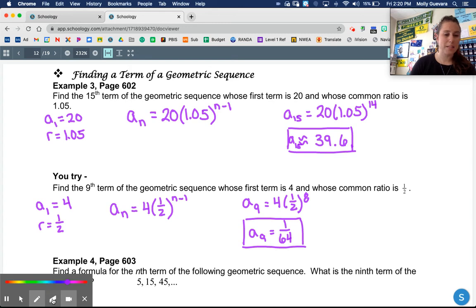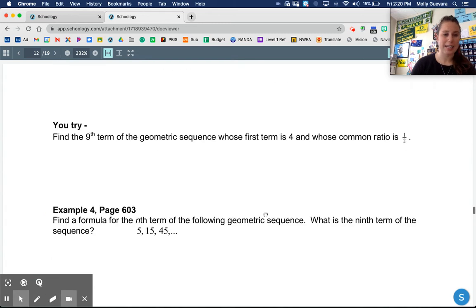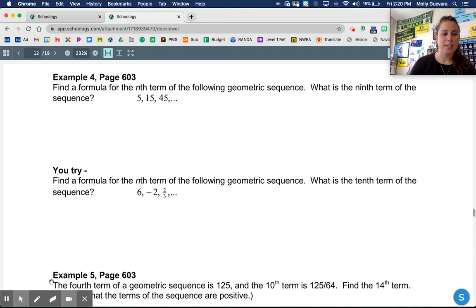Example 4 is adding on one tiny little step from that. It says find a formula for the nth term of the following geometric sequence. Well, in order to know the formula for the nth term, I need to know my first term, which I can look at and see it's 5. And I need to know my r, which again, I can look at and see that it's multiplying by 3.